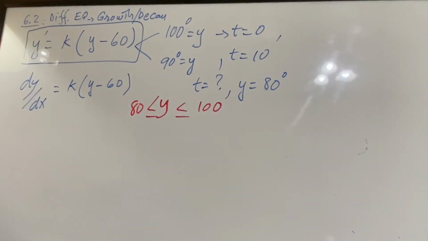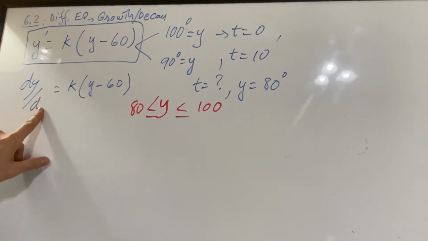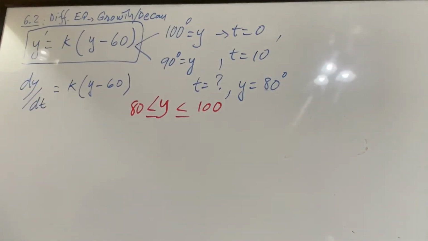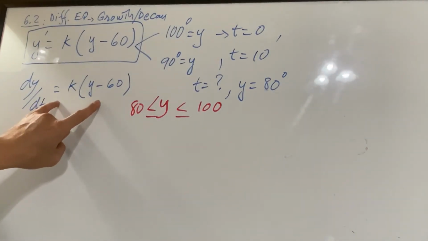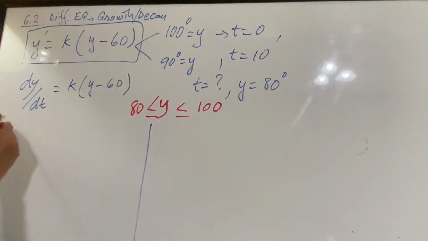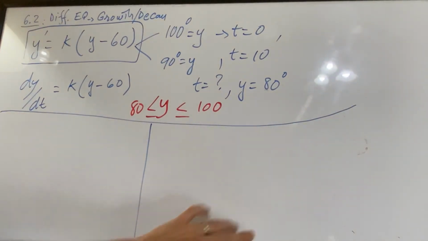Okay, so that's the condition. Now, guys, you are very familiar with this, but instead of dx, we're dealing with time, so what is this? dt. Make sense? Here you go. You are no stranger to this. Let me give myself board space so we can solve this one.